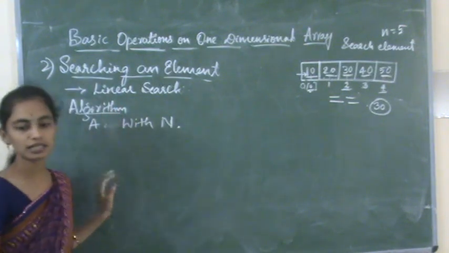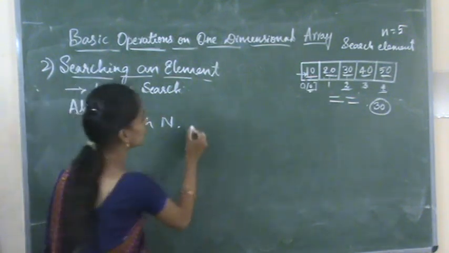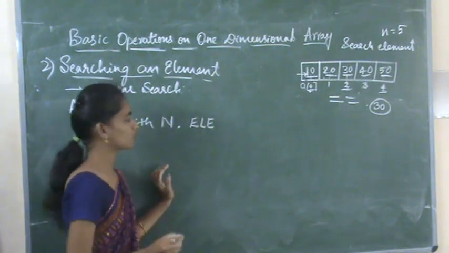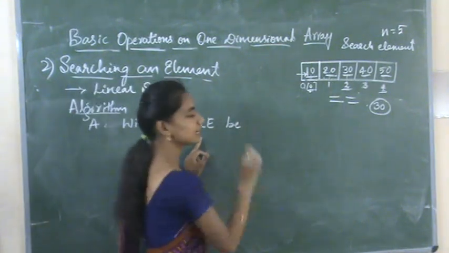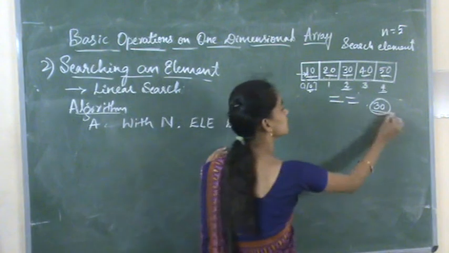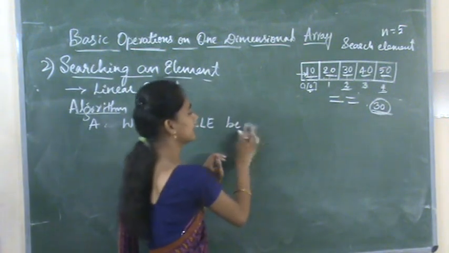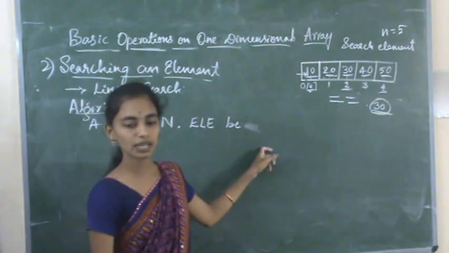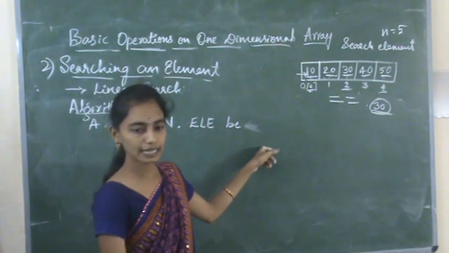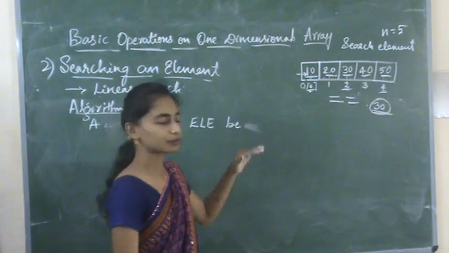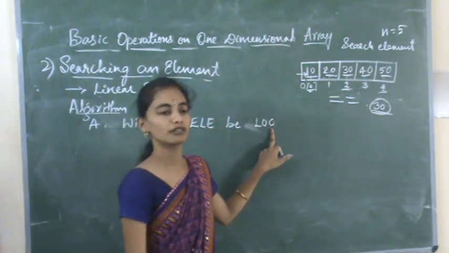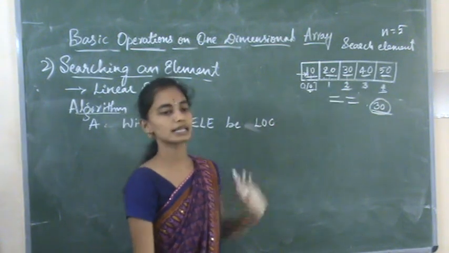And then we are using ELE. ELE means element. ELE be the such element, the element we are searching for, present in an array. And then we are using LOC, the location where the such element is present.